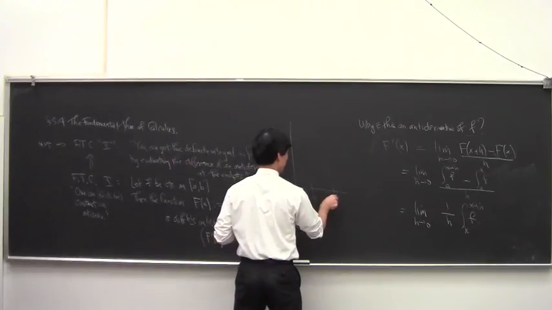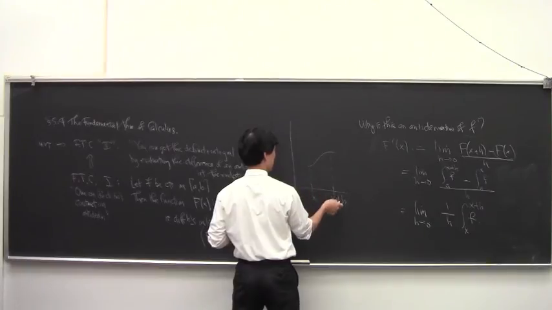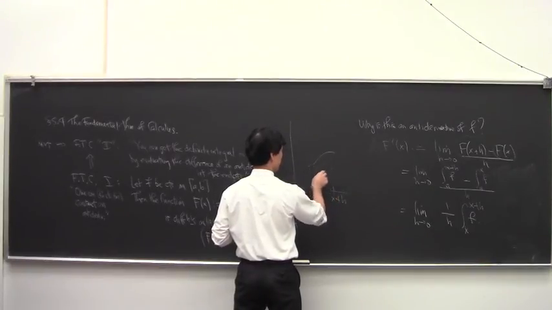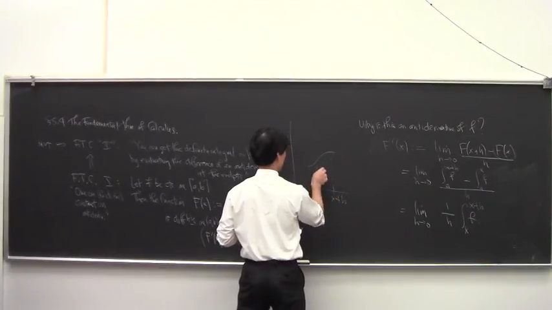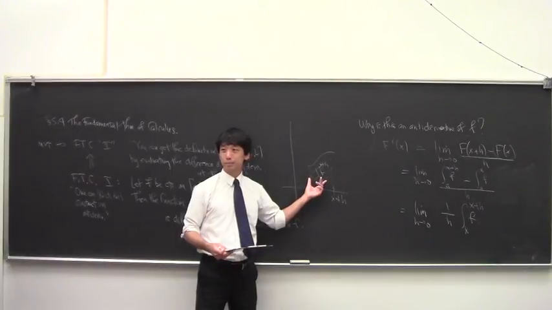Right, so here's x plus h, and this is the integral from x to x plus h of f. That's this area here.